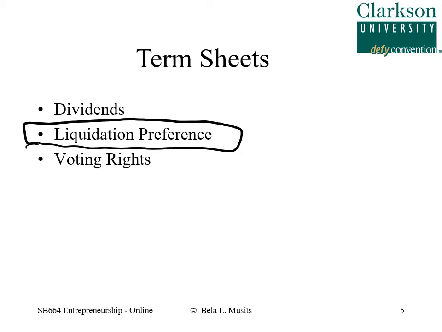If you read that second paragraph, it says first pay 1 time the original purchase price plus accrued dividends, which we just talked about, on each of the Series A shares.